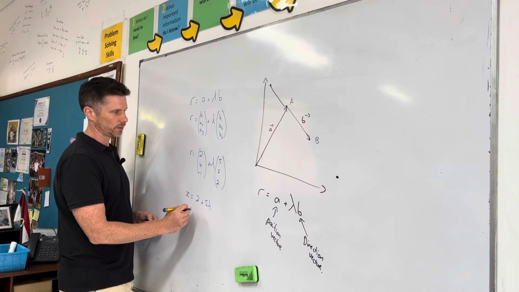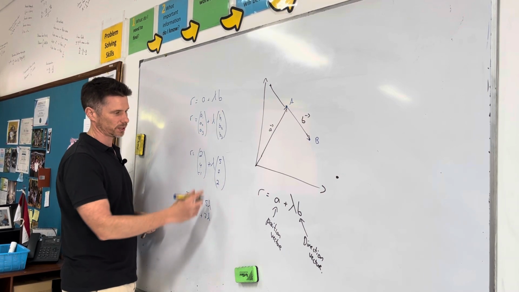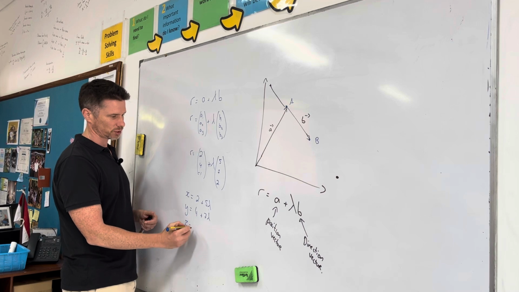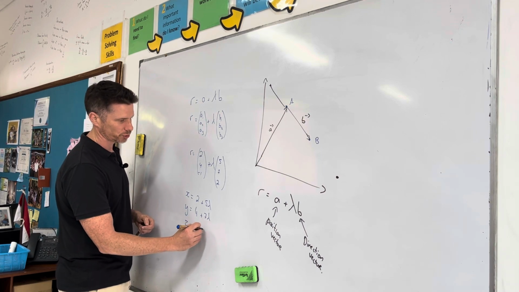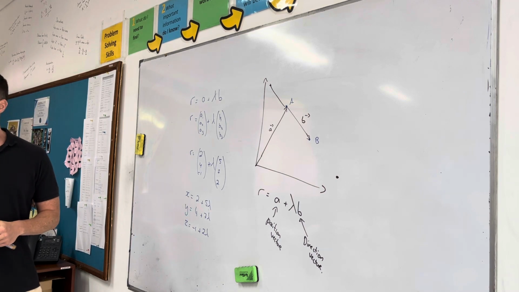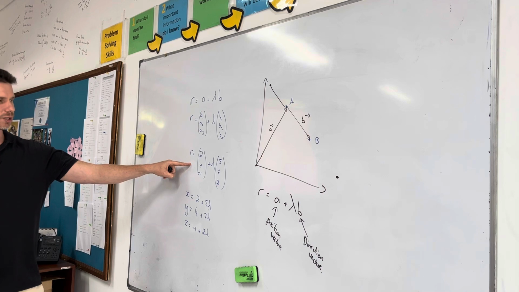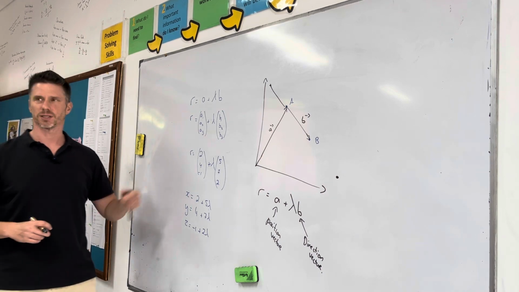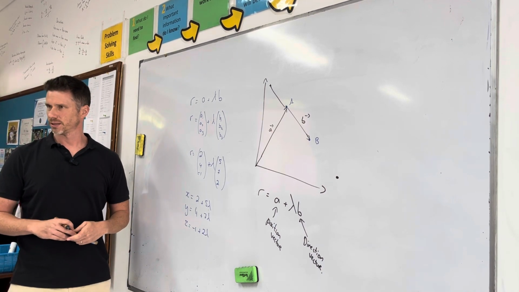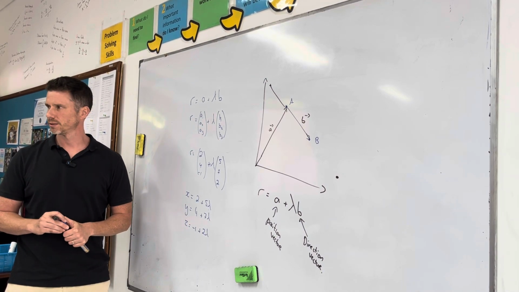The y would be 4 plus 7 lambda, and the z direction would be minus 1 plus 2 lambda. Lambda is constant throughout, but you can split this one equation up into x, y, and z. So r isn't x or y or z, it's all 3 combined.